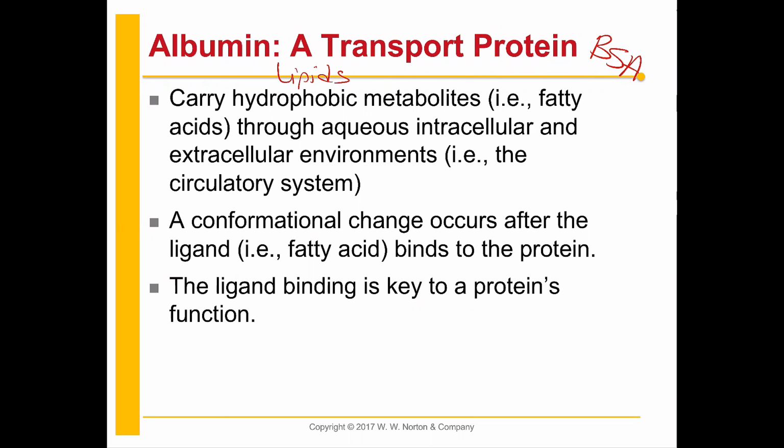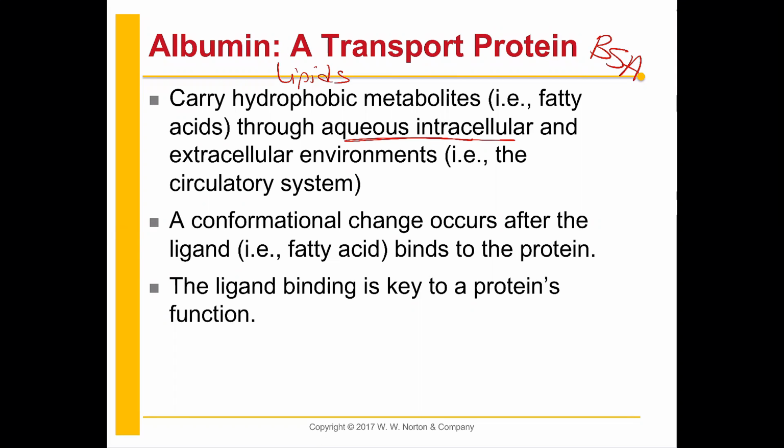So our blood is an aqueous environment, and so it can transport through there, or you can have transport proteins that function just within the cell. And, you know, the intracellular environment is also aqueous. So either way, you're going to need some kind of a soluble transport protein.